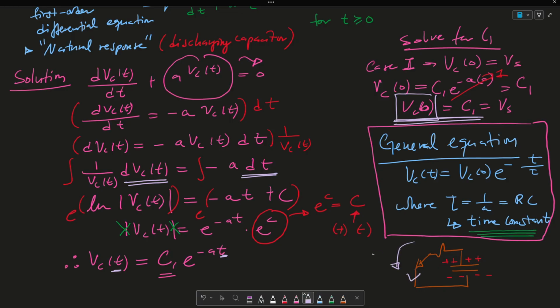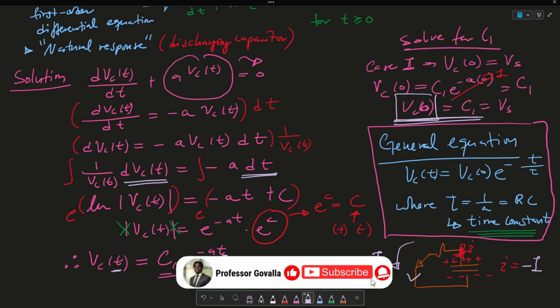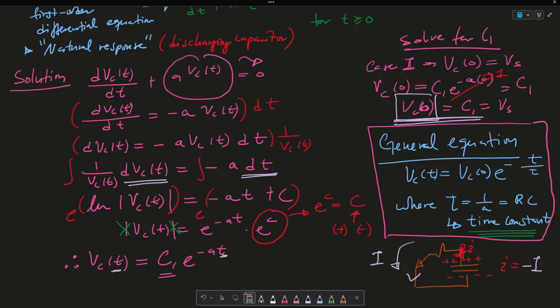So let me consider this big I. But when we wanted to solve for VC(t), we took current to flow in the clockwise direction, so it's the opposite. Let me call this little I, so little I is actually equal to minus big I. Whichever one you took, you would still get the same equation here, but it's just something to realize in terms of current flow.